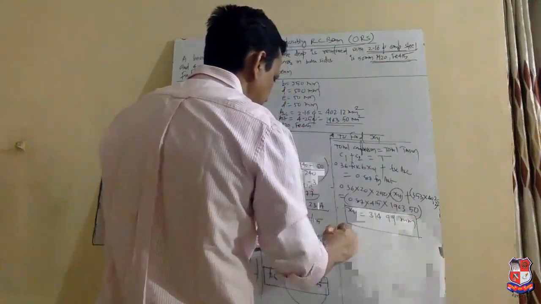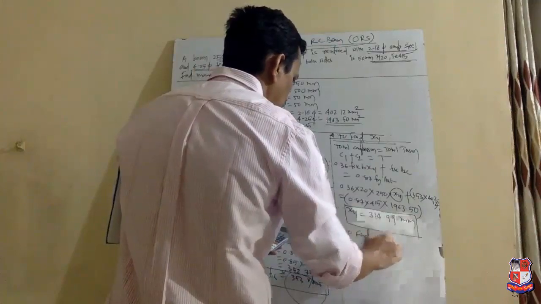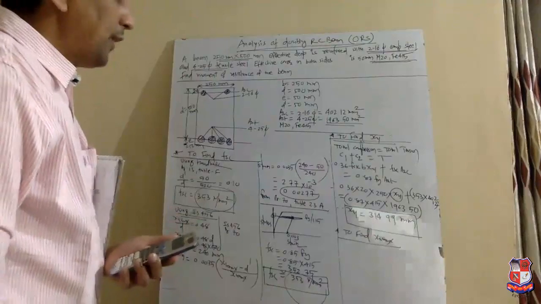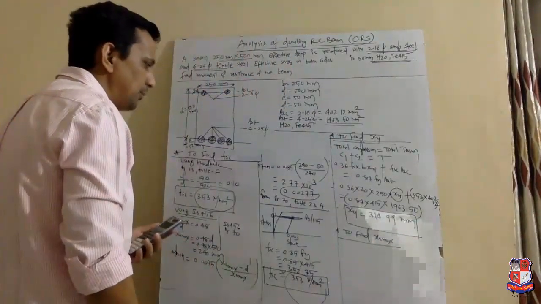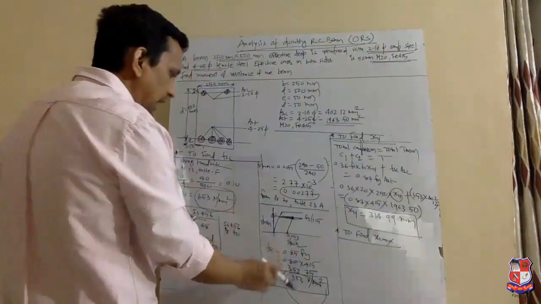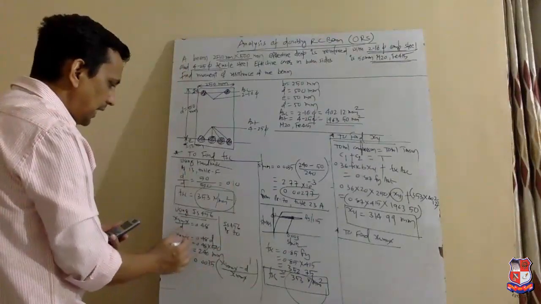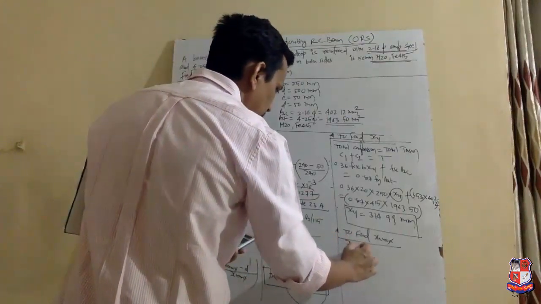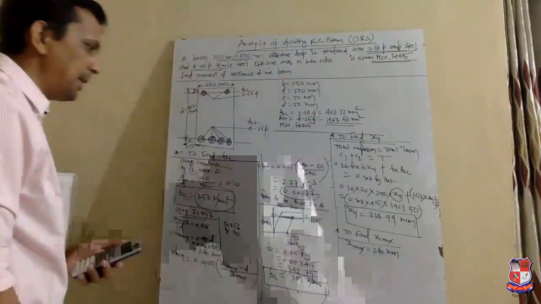Okay. Once you find the value of xu, the next step is to find the value of xu max. In finding the value of fsc, we have already found out the xu max value, and that is 240. xu max equal to 240 mm.